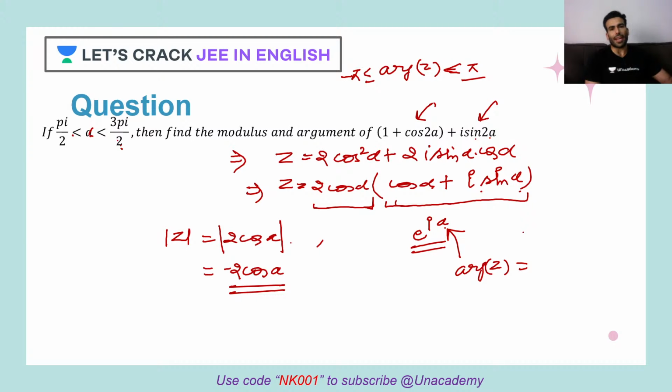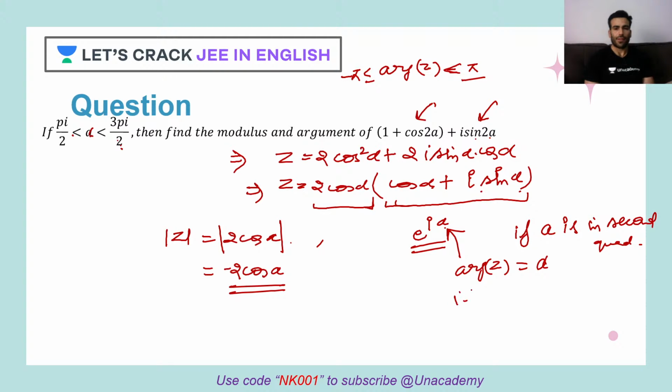I do not need to make any sort of changes. So if A is in the second quadrant, this A will be the argument of z. There is no problem with that. Because sine alpha will be positive whereas cos alpha will be negative, which is completely fine.